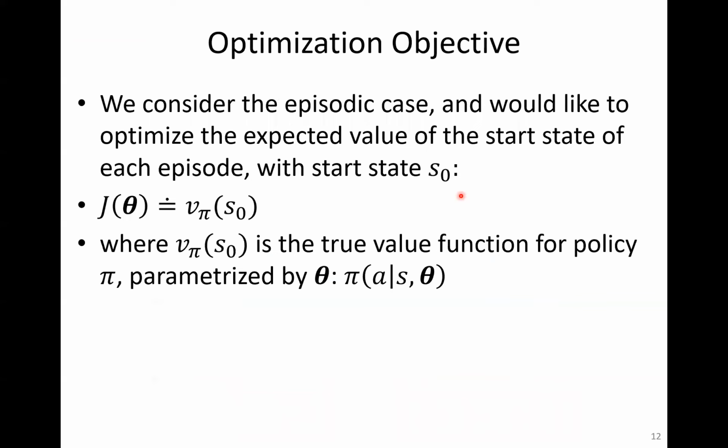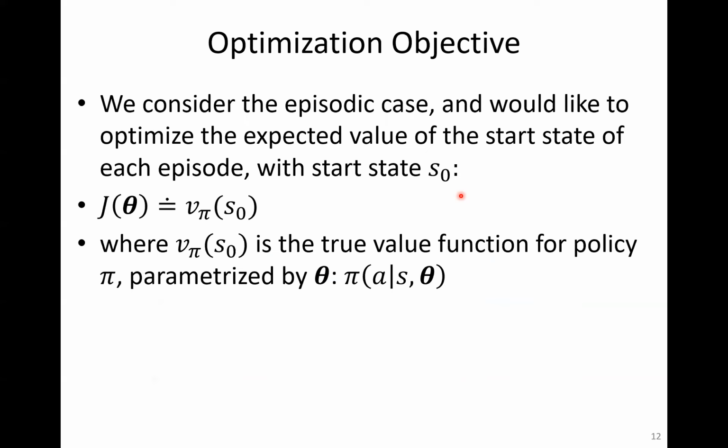So let's look at this more formally. We consider the episodic case, where every episode ends after a finite number of steps. For example, chess and Go are typical episodic cases.